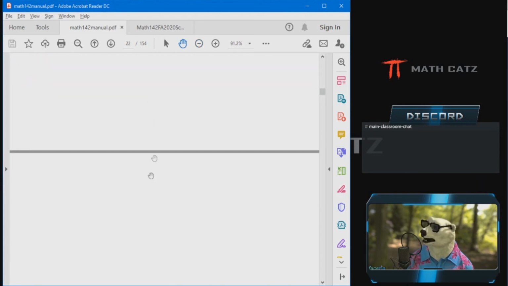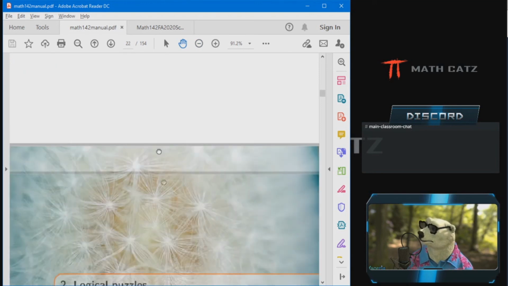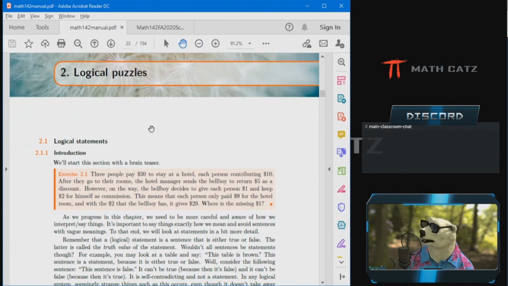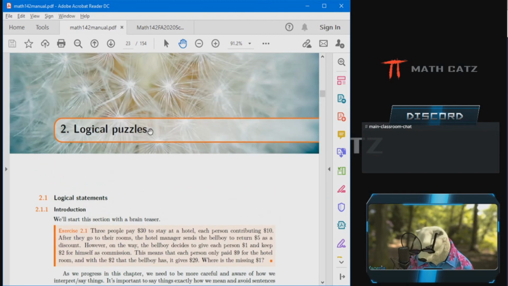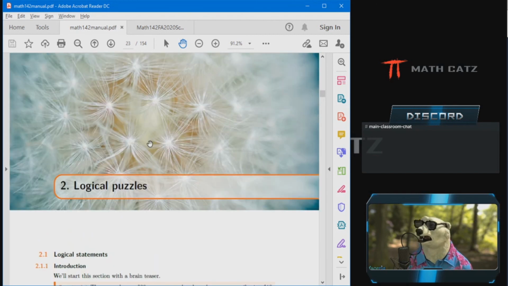And tomorrow we will then continue with chapter 2, which has a little bit more variety when I start looking at puzzles and things like that, where the testable questions will come from.